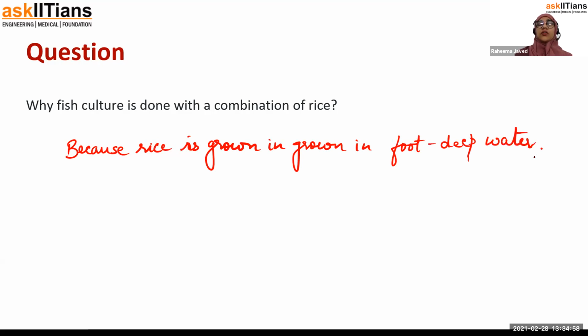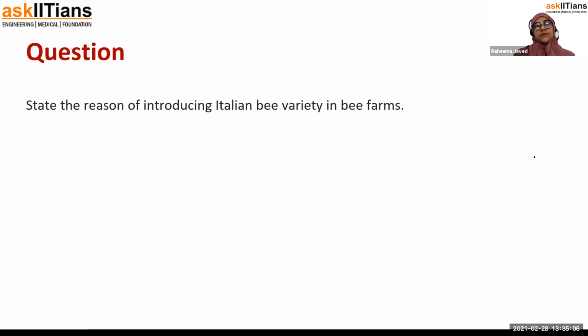So, like I already said, you are killing two birds with one stone. Next question. State the reason of introducing Italian bee variety in bee farms. Italian bee variety gives higher yield of honey.